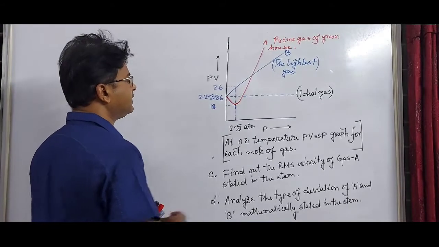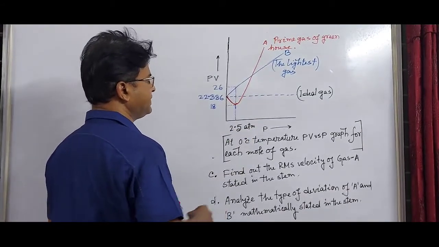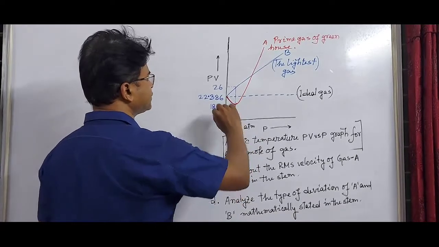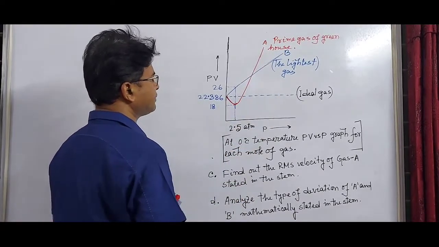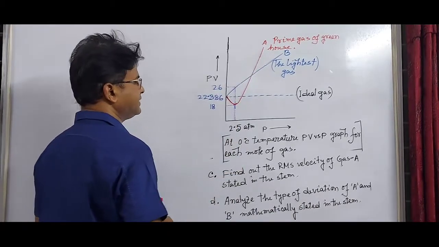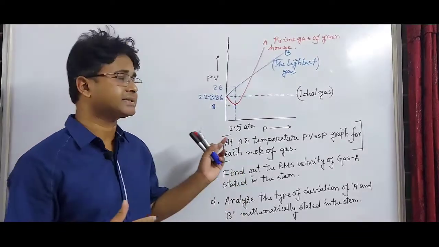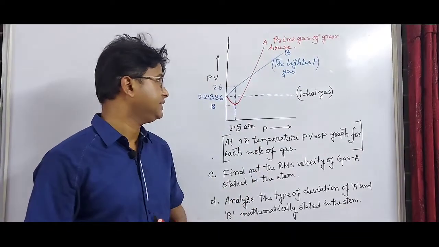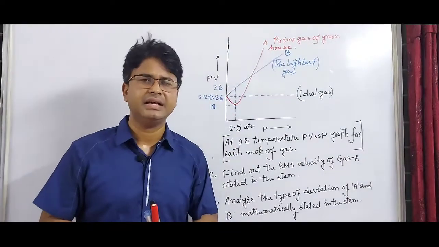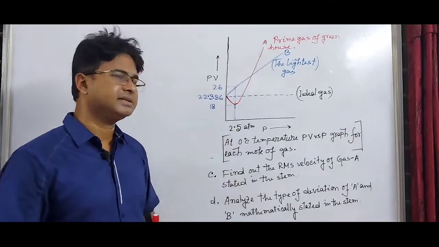But if you observe gas B, I mean hydrogen gas, you will see that hydrogen gas is deviated from the ideal gas directly upward, so I can say this is a positive deviation. Now I have to establish that the deviation occurs positively in the case of B gas and negatively in the case of A gas.